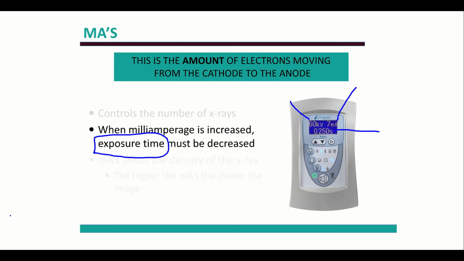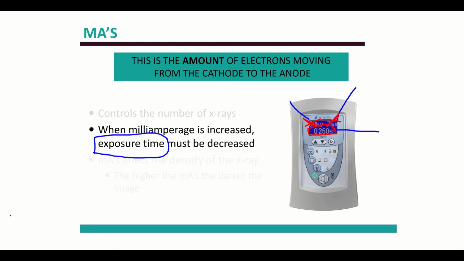On most X-ray control panels, they are set in such a way, and the manufacturer suggests that you do not change the kVps and the MAs ever. The only factor that you really, as an operator, should change is the exposure time, because as you change that exposure time, the MAs and the kVps then are proportional to the time of the exposure, and you want to make sure that you don't adjust one and then go adjust another one and then they all get kind of out of whack.